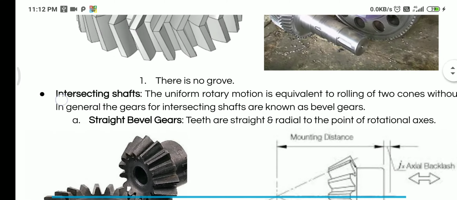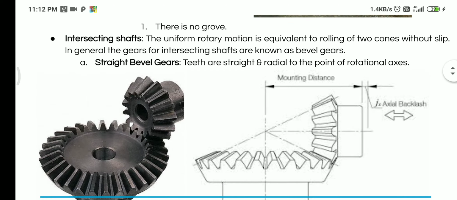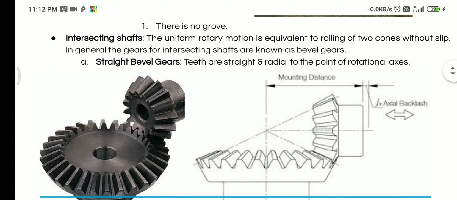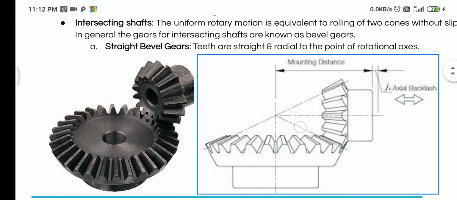Now moving on to the next type, we have the intersecting shafts. In intersecting shafts, the gears are placed like this. They are called bevel gears. And instead of the pitch cylinders that we saw in the previous case of spur gears, what we have here are pitch cones. You can see here this line and this line at the bottom.